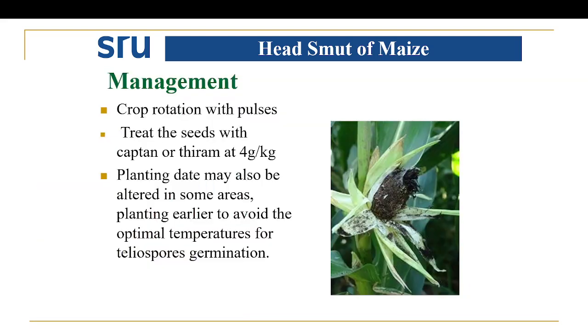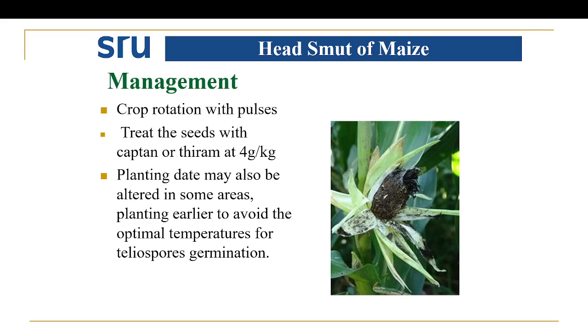Then coming to the disease cycle of maize smut. Common smut occurs wherever corn is grown, caused by Ustilago maydis. The fungus survives mainly on crop debris and also in the soil. It can infect any tissue of the plant by entering through wounds and forming characteristic smut galls.